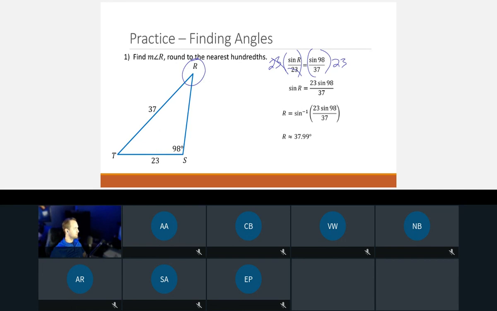So arc sine, 23 sine. Oh yeah, they do get 0.6 in Symbolab or whatever it's called.